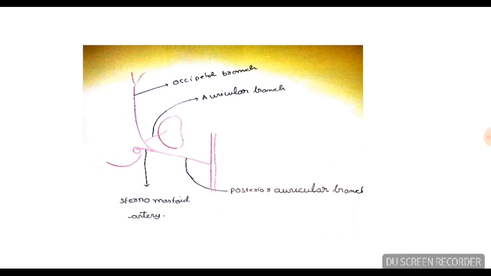The auricular branch supplies the auricle of the ear.